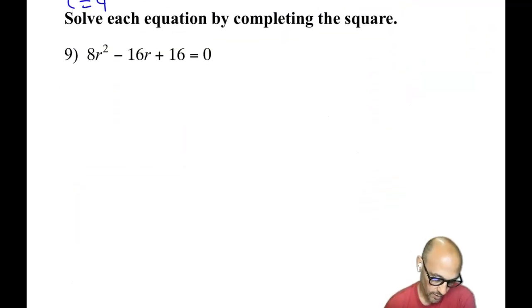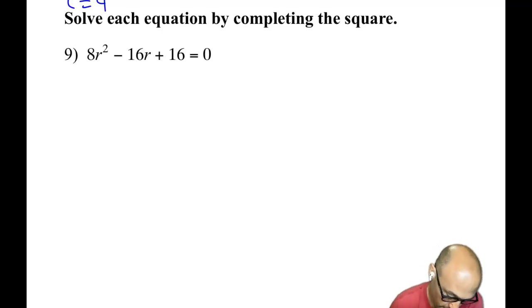And this one, solve the equation by completing the square. All right, well, I first noticed that I can factor out the 8. Actually, I think the first thing I'm going to do is to get this 16 over on the other side by subtracting 16.